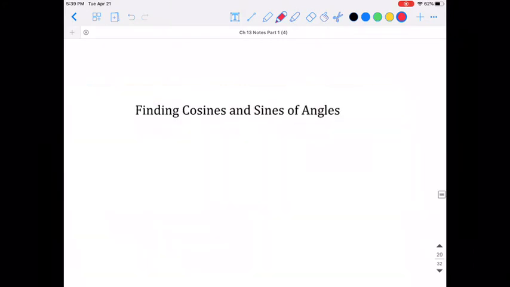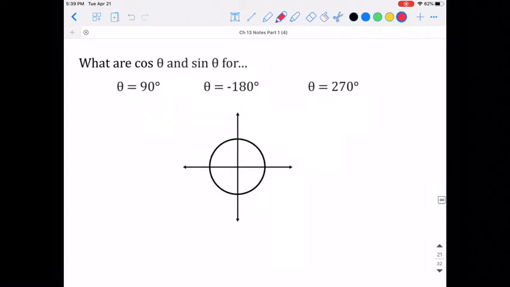So finding cosines and sines of angles. What are cosine theta and sine theta for 90 degrees? Theta equals 90 degrees. Again, it's very important to remember for your unit circle, we hit our x and our y axis at 4 points. So to find the cosine and sine of 90 degrees, we're going to start with our initial side on the positive x-axis.